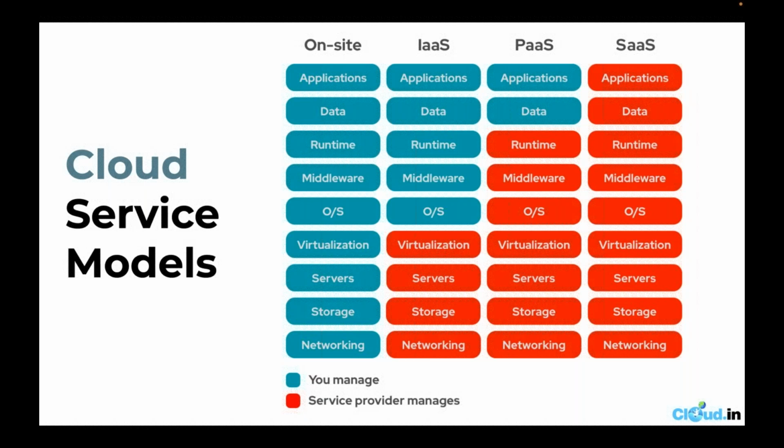You only have to be thinking about how you will be using that particular piece of software. So SaaS is more into giving you a complete product, and you only have to think about how to use it, how to market it, and how to get it to the real world.